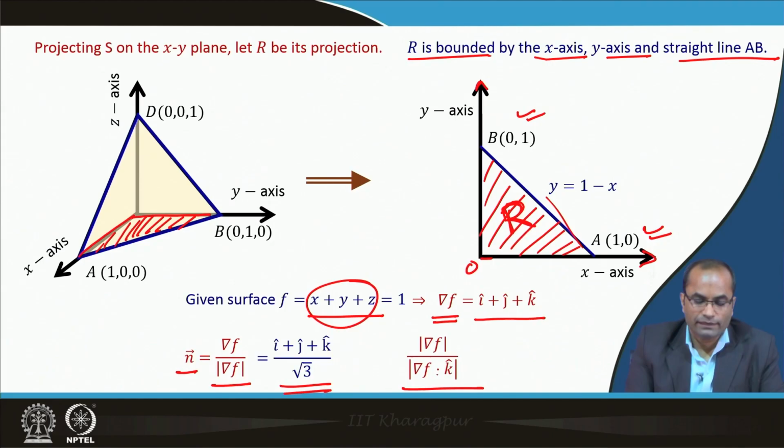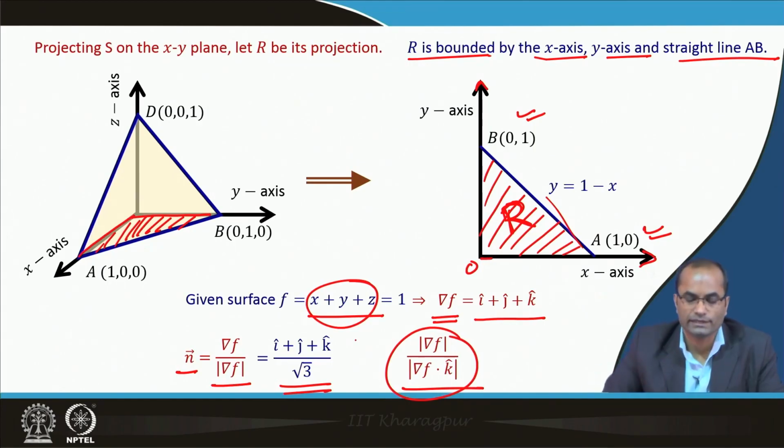So, grad f over grad f dot k, we need to compute this factor which will convert this surface integral to an area integral, and we have taken k because of the projection on the xy plane. Accordingly, if we project on the xz plane or yz plane, then this normal will change.